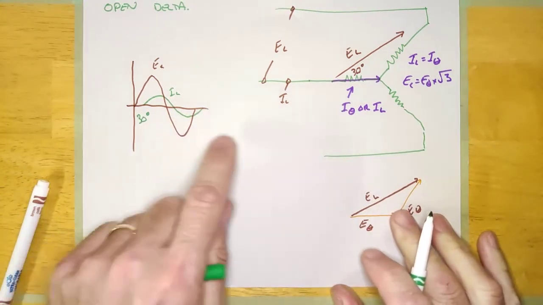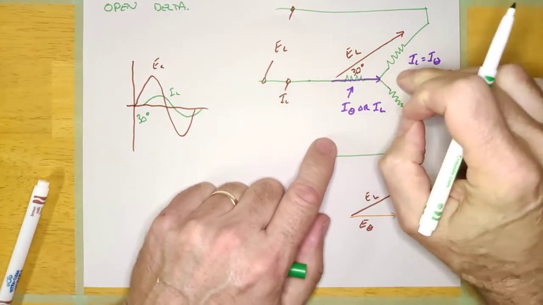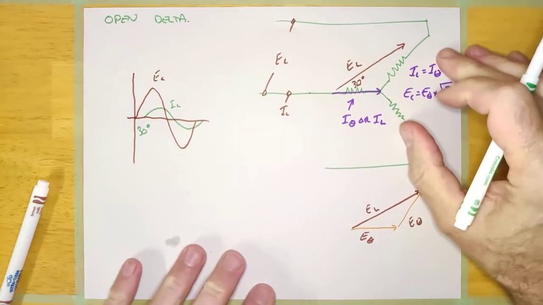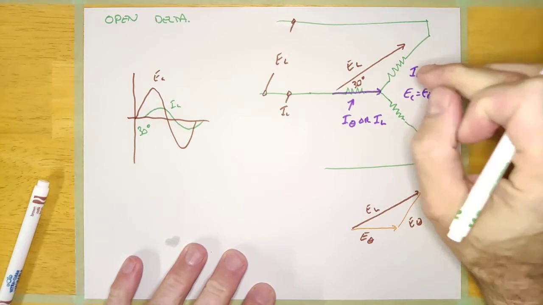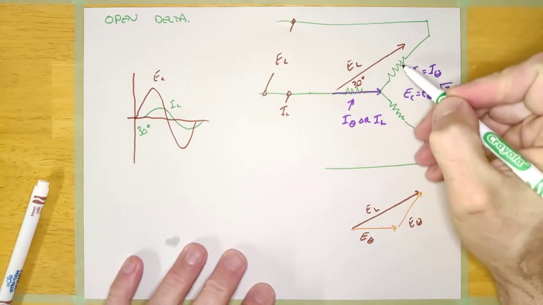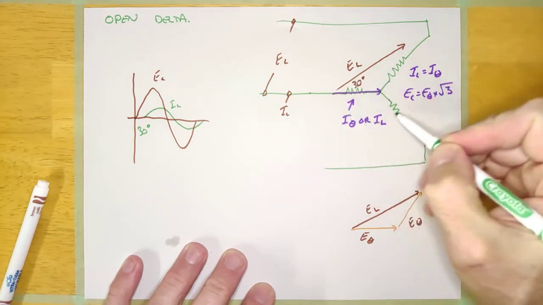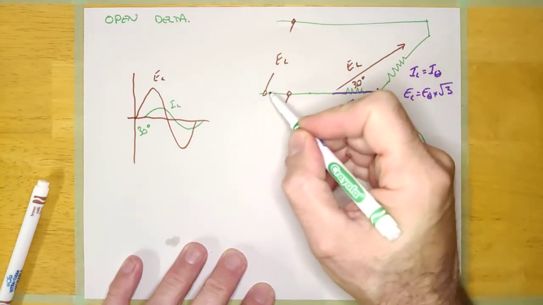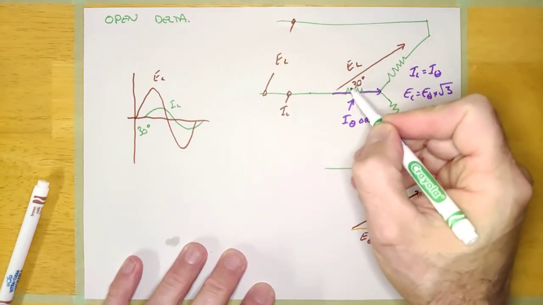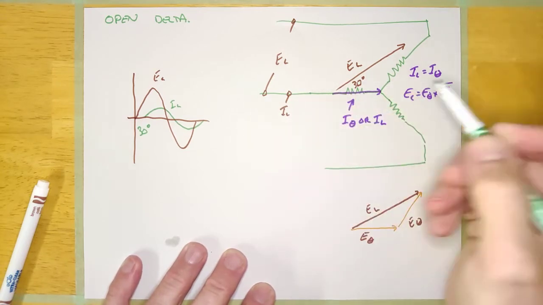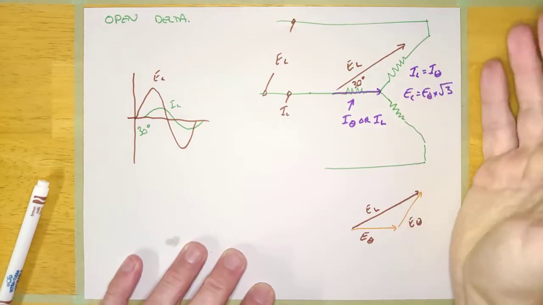Now, that happens with every single Y-connected three-phase load, guys. If you have a three-phase load that is a resistive load, in other words, in phase at the load, the fact that it's three-phase causes the voltage and the current to be out of phase in the lines by 30 degrees. And that's just because of the way it works.